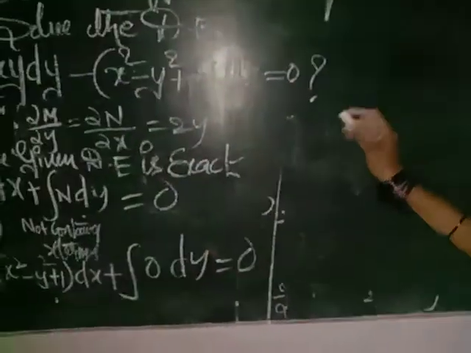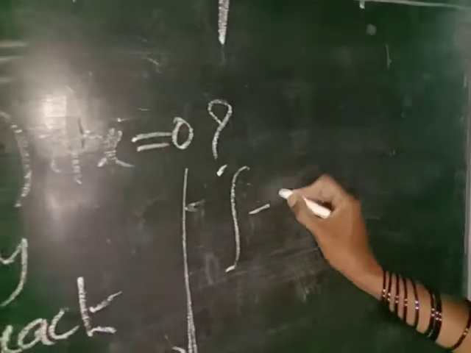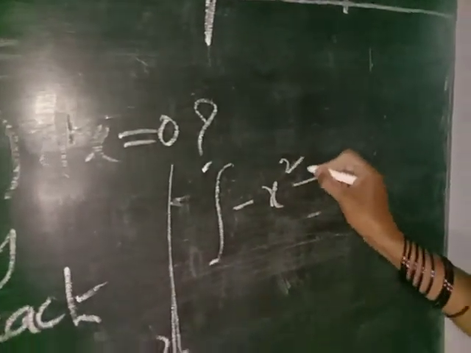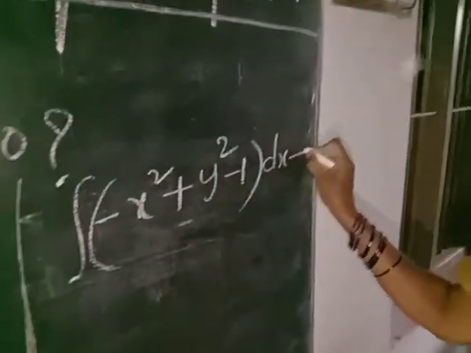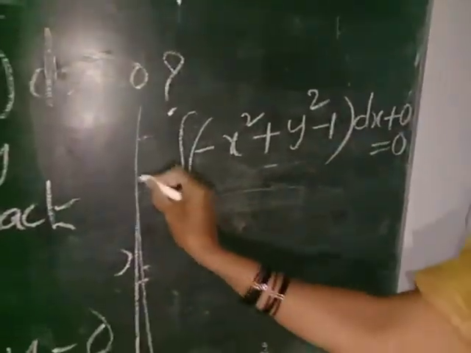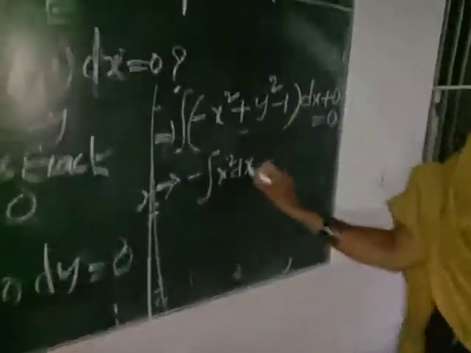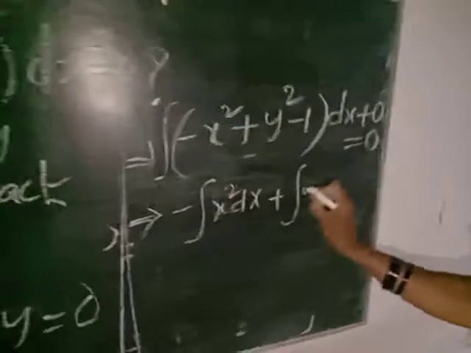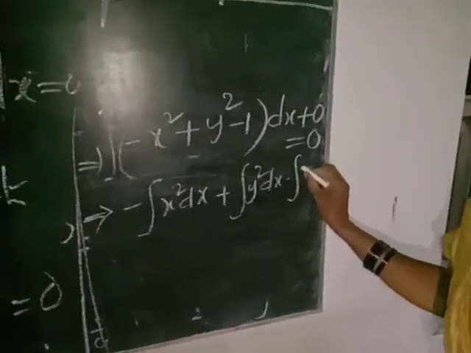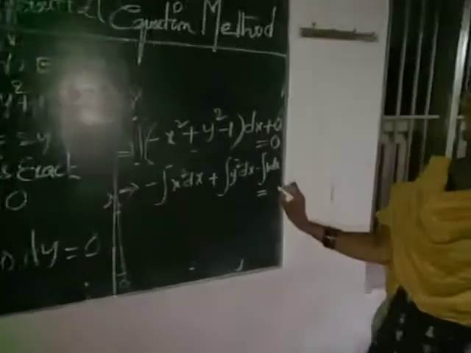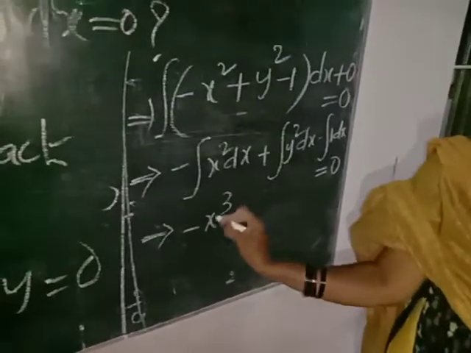After that we integrate. First arrange the integral of (minus x square plus y square minus 1) dx plus 0 equals 0. That gives minus integral of x square dx plus integral of y square dx minus integral of 1 dx equals 0. Integrating, x square dx gives minus x cube by 3.